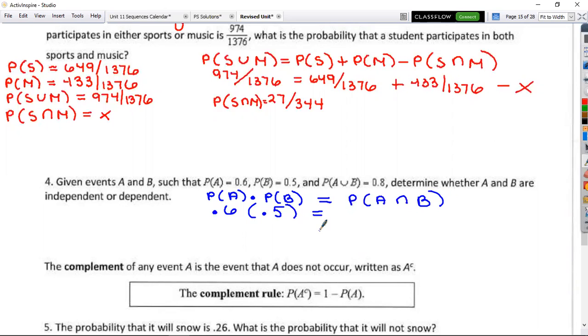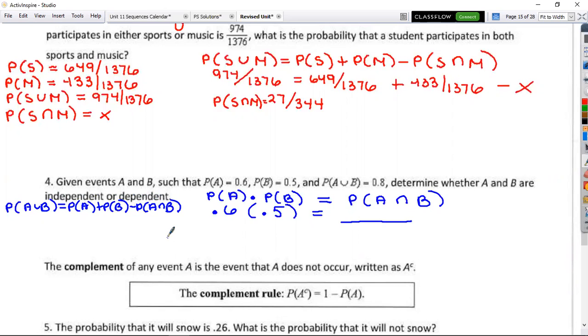Do I know the probability of A and B? I don't. But do I know something that will help me? This. So you're going to use your rule to get this value and sub it back in. So we're going to come off to the side here and say probability of A or B is equal to probability of A plus probability of B minus probability of A and B. Again, that is what we call the union rule.